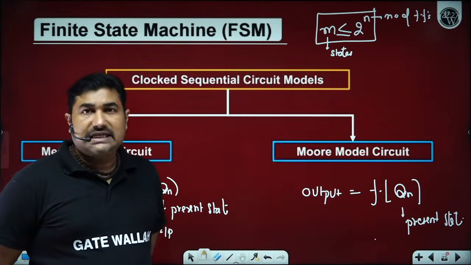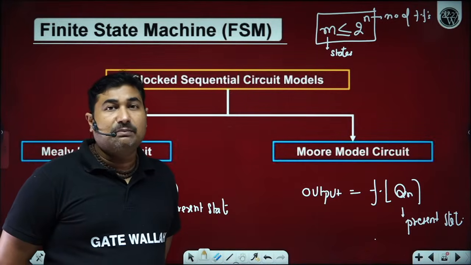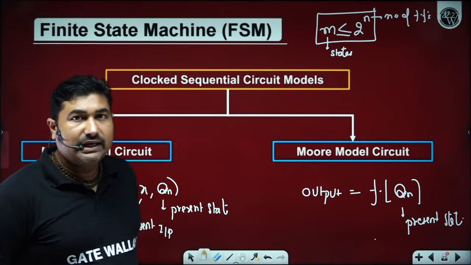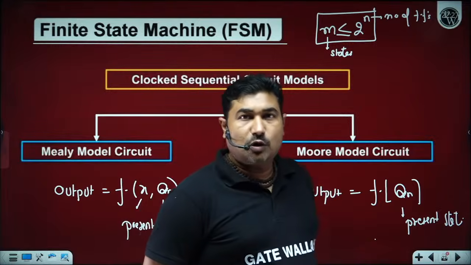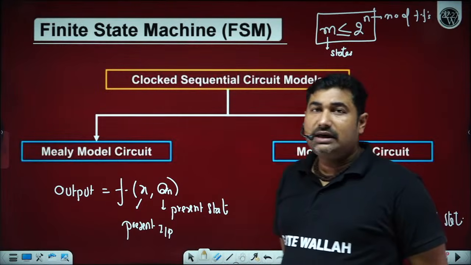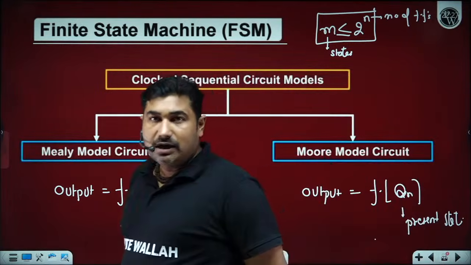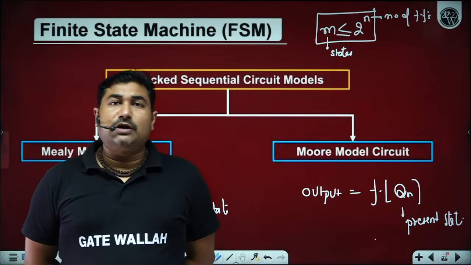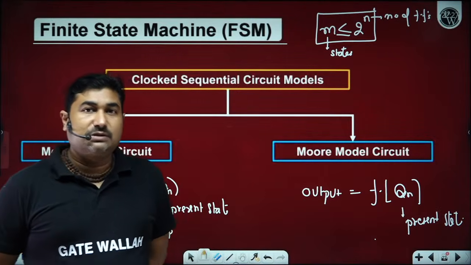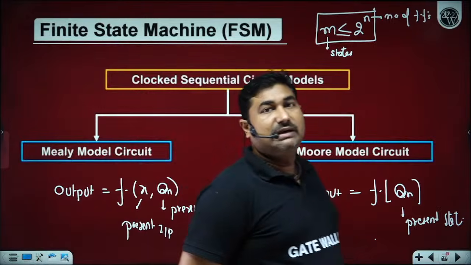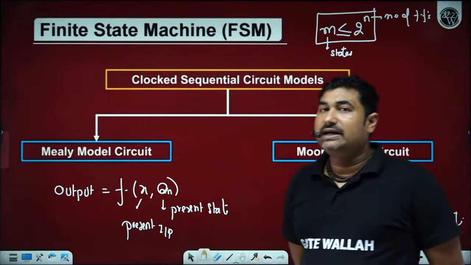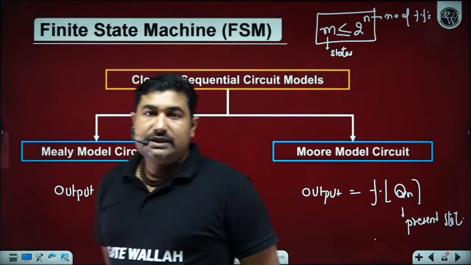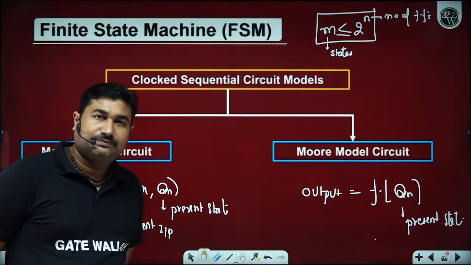If the number of states is less, the number of flip-flops required will possibly be lower. So cost wise, the Mealy model is a little bit economical. But in terms of circuit complexity, the Mealy model is more complex compared to the Moore model. Is it okay? Yes, sir.